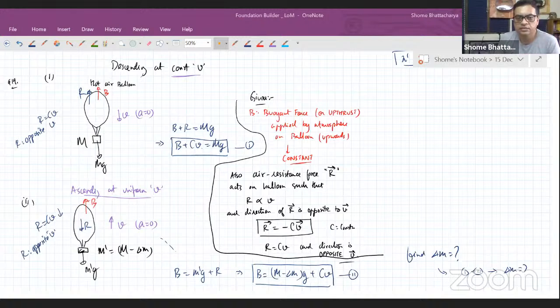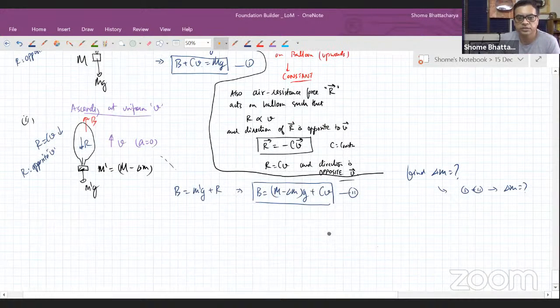So finally, adding the two equations, you will get this result: equation 1 plus 2 will give you 2b on the left hand side equal to, cv will cancel out on both sides, so 2 times M minus delta m g.